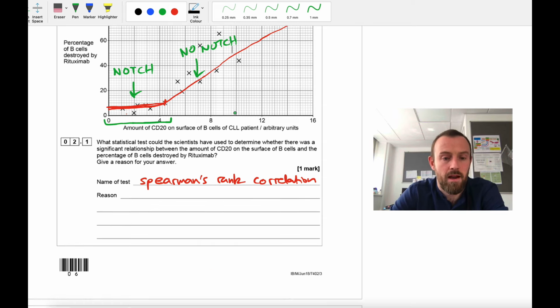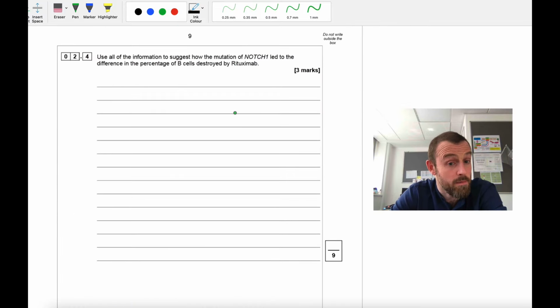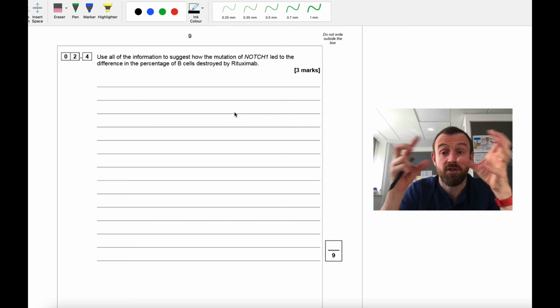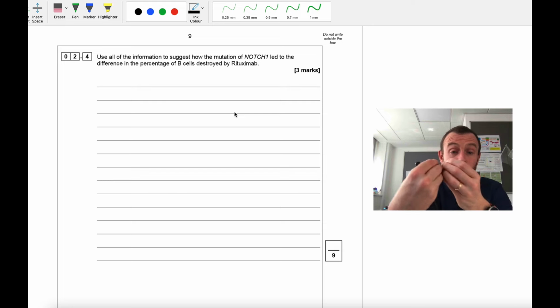So how do we put this in an answer for 3 marks? We would suggest that the Notch1 mutation leads to a non-functioning transcription factor, which means that the mRNA for the CD20 receptor on the surface isn't transcribed, because remember, transcription factors cause RNA polymerase to bind, causing the transcription of a gene.